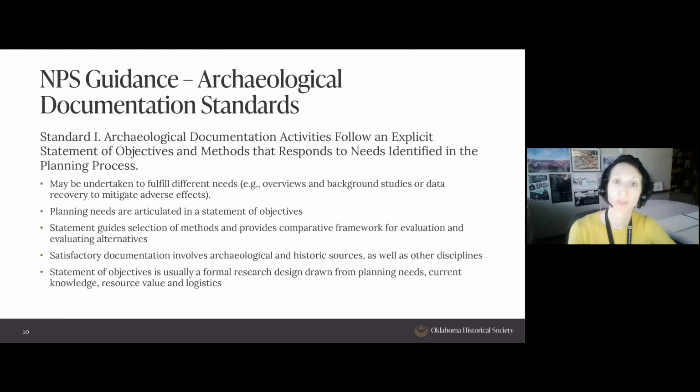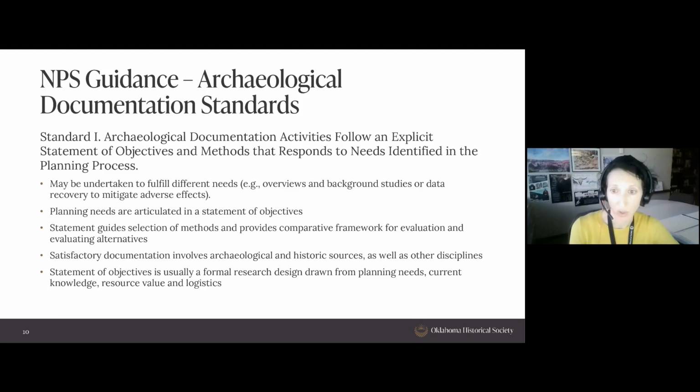Standard 1, under the Archaeological Documentation Standards, says archaeological documentation activities follow an explicit statement of objectives and methods that responds to needs identified in the planning process. This may be undertaken to fulfill different needs, for instance, overviews and background studies, or data recovery to mitigate adverse effects.